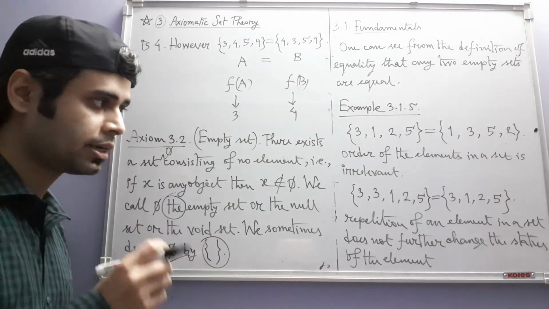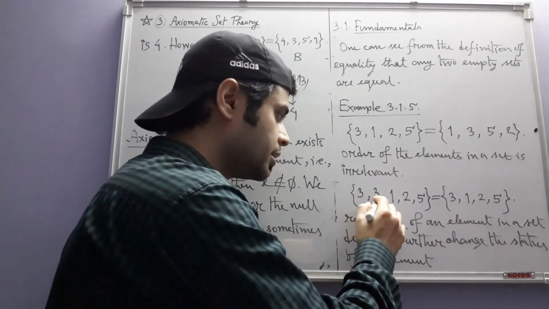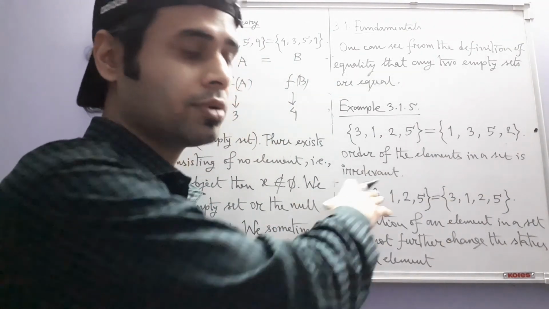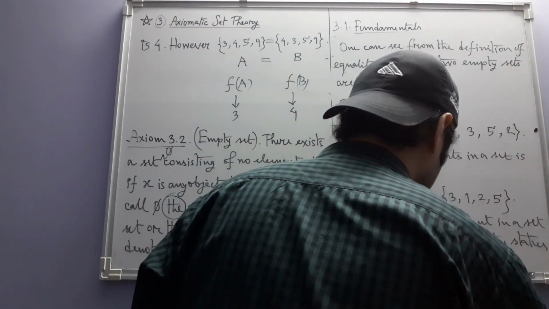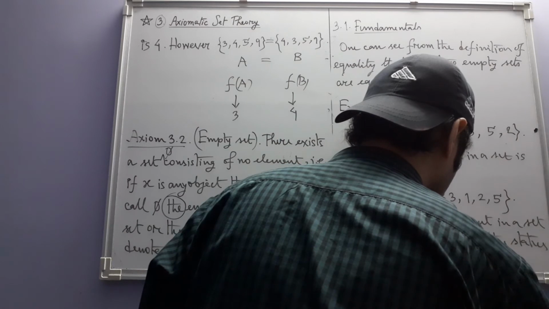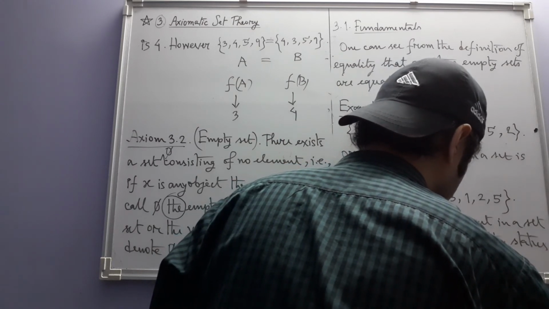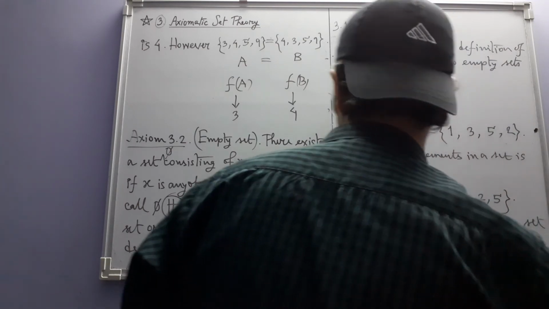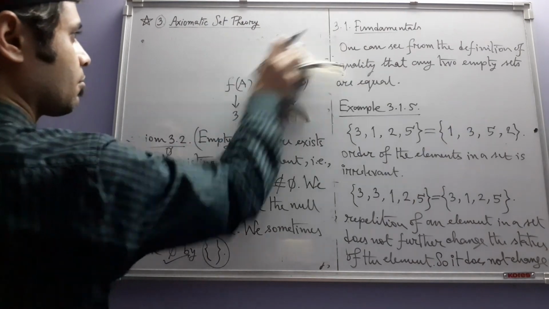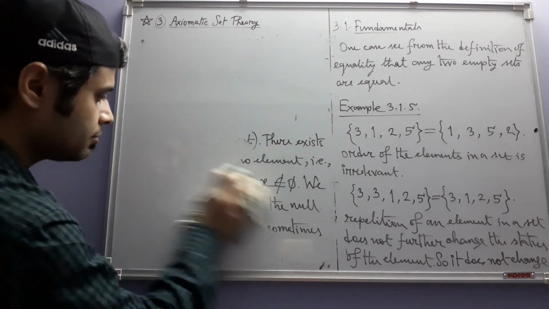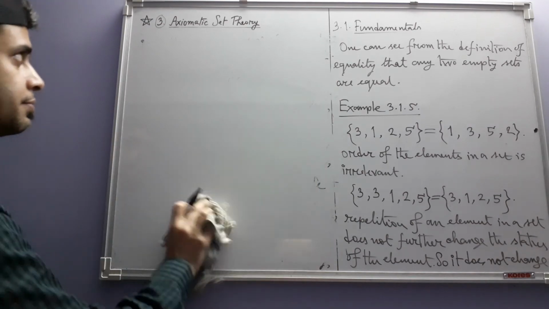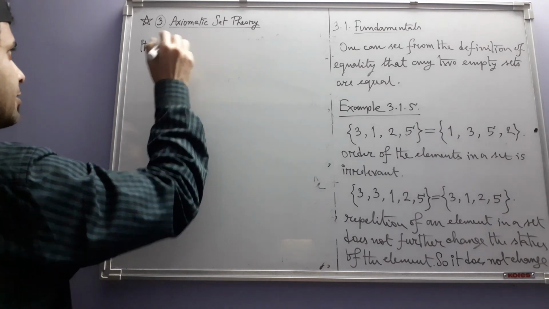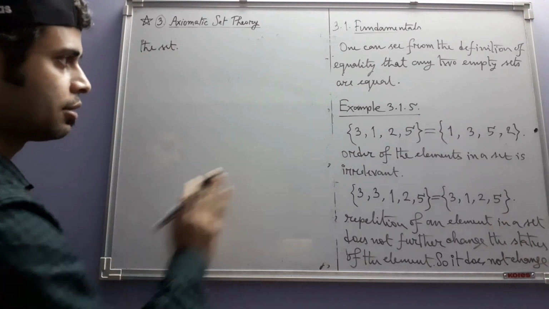What status? Whether it's an element in the set or not. Writing 3 two times does not mean it's an element of this set more so than it was previously. So it does not change the set. That's about this example 315.